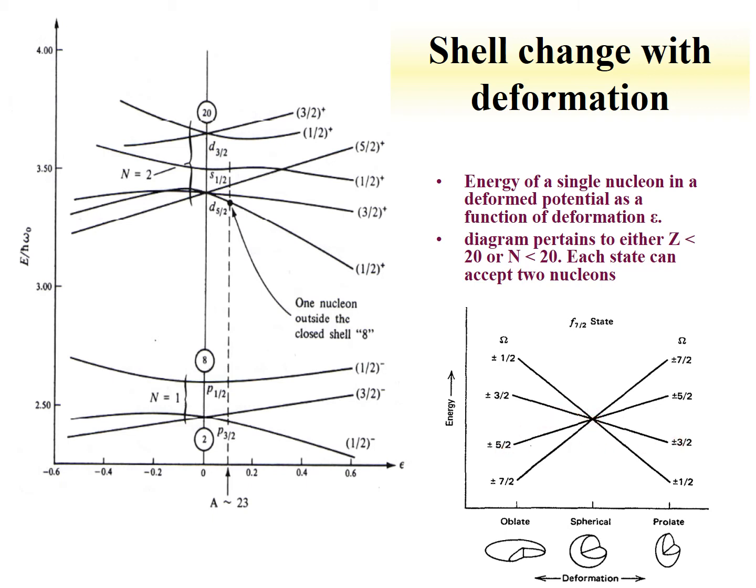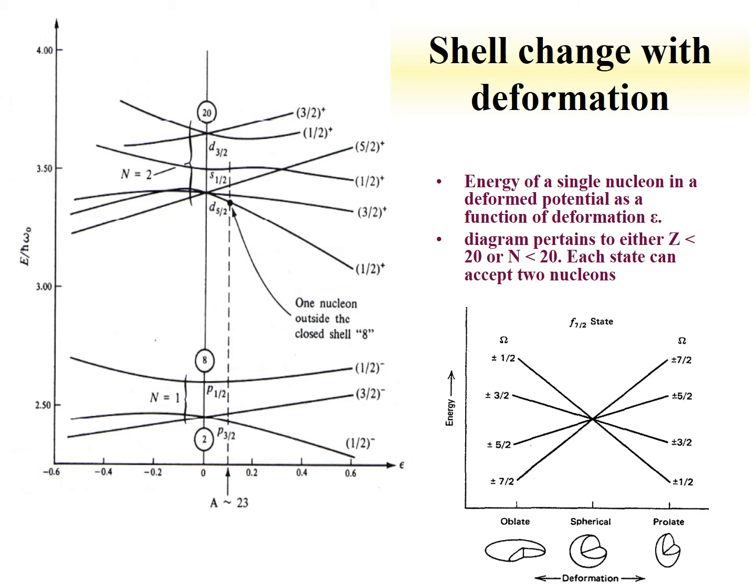For instance, if it's spherical, this state represents the f7/2 state, so I can put 8 nucleons into this state. In a spherical state, all the unpaired nucleons would have the spin of 7/2, and the parity, from SPDF, would be 7/2 minus.